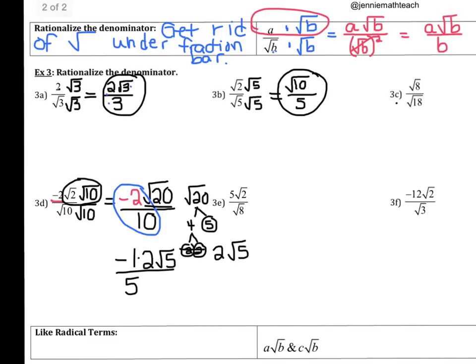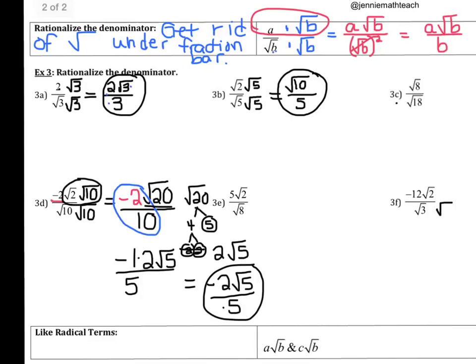The last thing would be 2 times the negative 1 times 2 together, which would give us negative 2 square root 5 over 5. That's the final answer. We can't reduce 2 over 5, and we can't break down that square root any further. Go ahead and try 3E, and I'll do 3F with you.